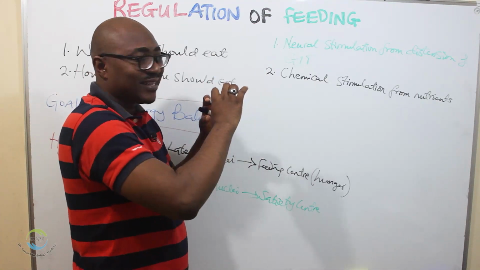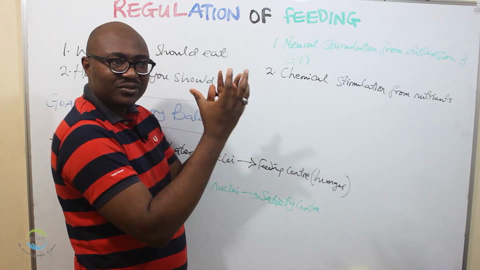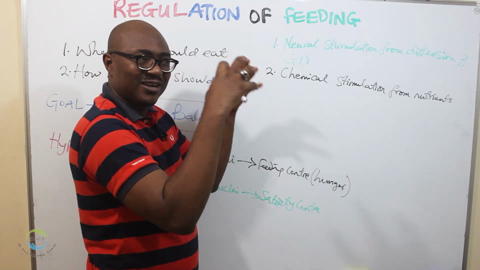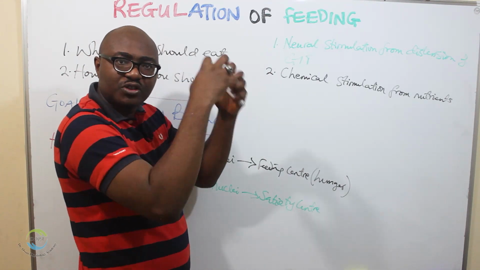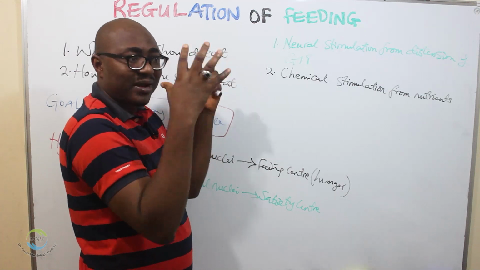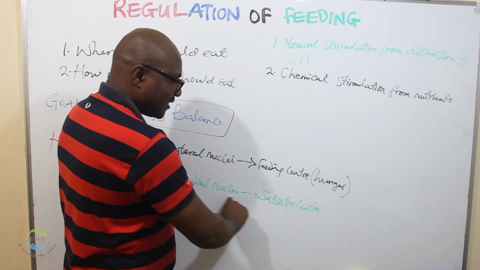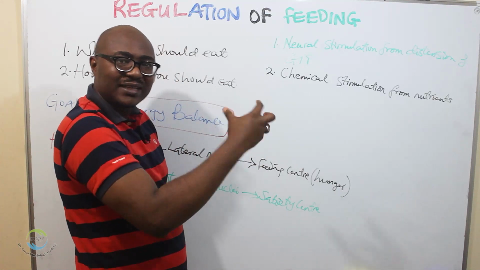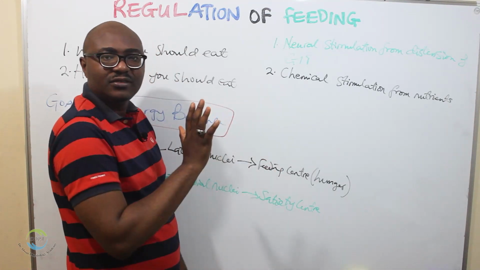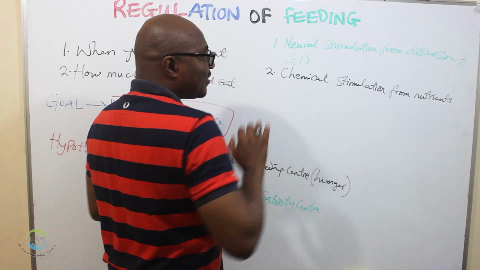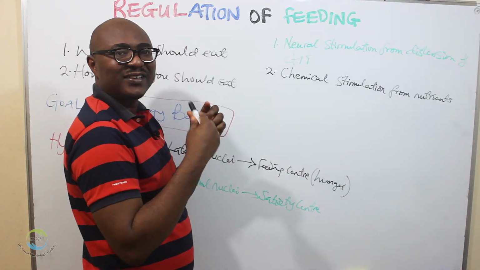It's a kind of chemoreceptor that determines you have enough glucose in your bloodstream and enough amino acids just after feeding, and says you have an abundance of resources and can stop eating. That's chemical stimulation from nutrients.